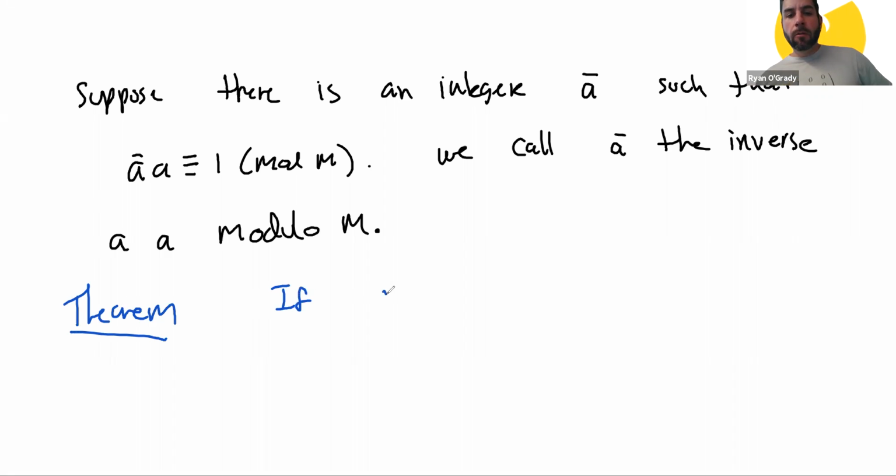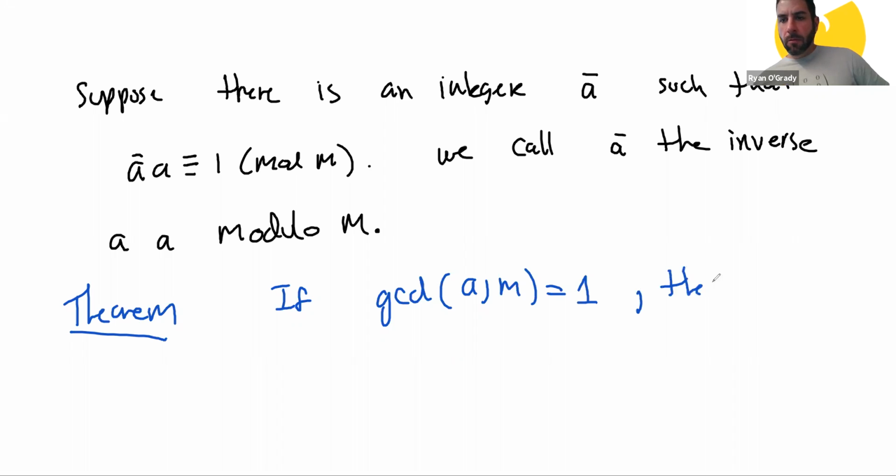If the GCD of A and m is equal to 1, that is, if they're relatively prime, then A bar exists and is unique.